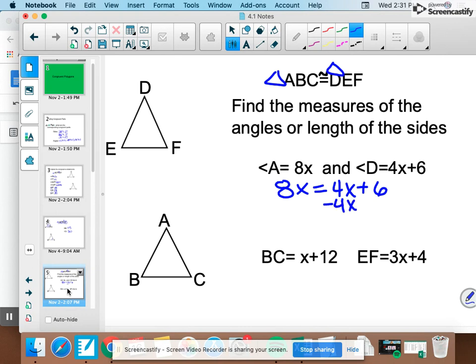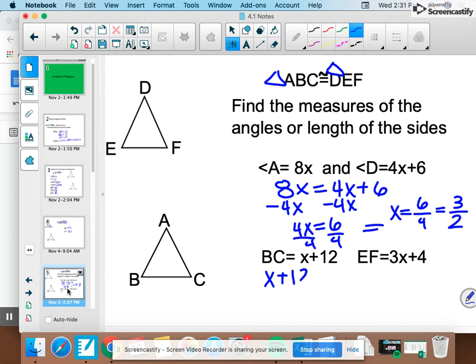If I solve for x, I get 4x equals 6, so x equals 6 over 4, or 3 over 2 if we reduce that. Same concept now, I'm looking at the sides. BC is going to be congruent to EF from the congruent statement, so I can set those equal to each other. I will get 2x equals 8, so x will equal 4.